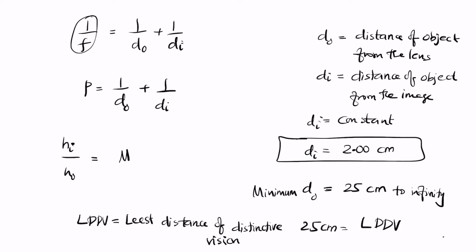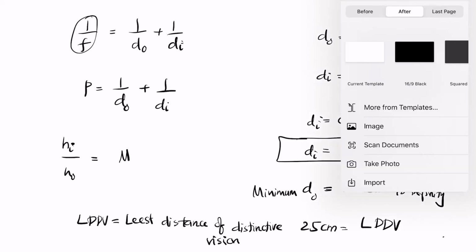Now let's look at the power of the lens when you have close vision and when you have far away vision. What is the range of the power of the lens? Let's say there is a far away object. Far away means that d naught is nearly equal to infinity. Then the power of the lens is given by 1 by d naught plus 1 by di.